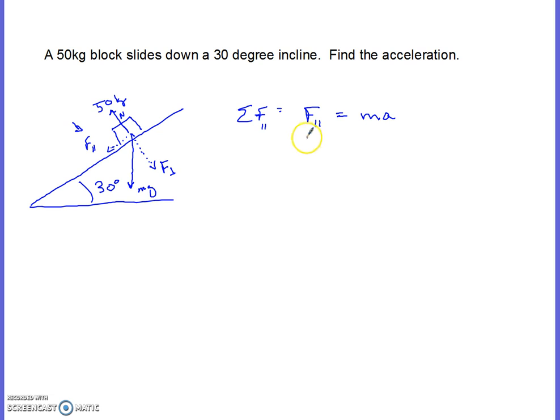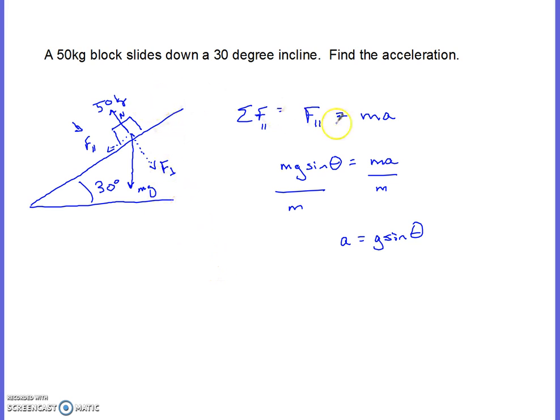Well, as we said in the previous slide, the parallel component of the weight is mg sine theta, and that is equal to ma. If I solve for the acceleration, I would divide both sides by m. So the acceleration of an object down the incline is simply equal to g sine theta. And you might want to remember that. It'll save you having to work this out each time.